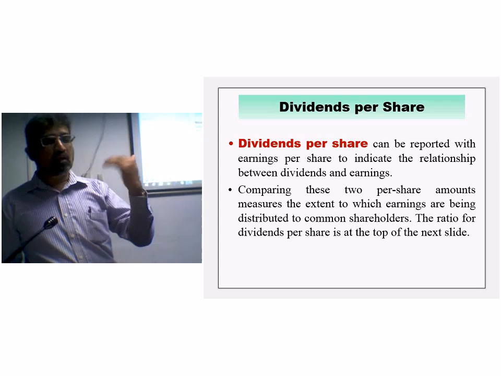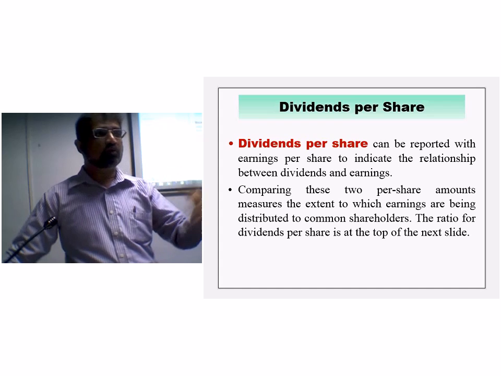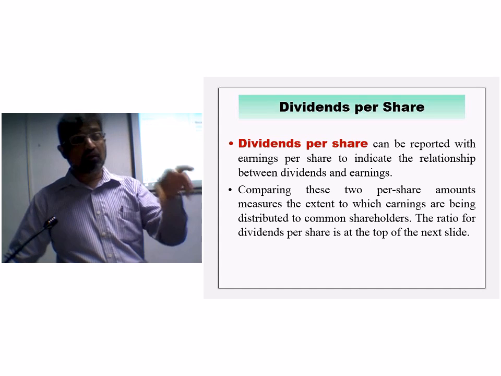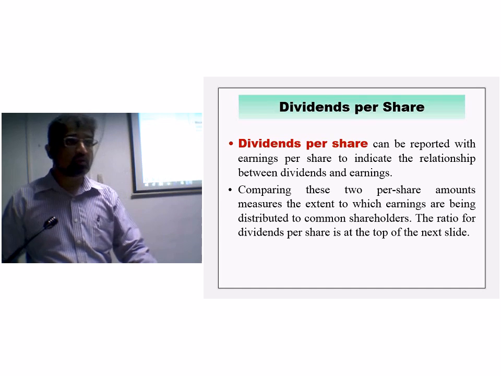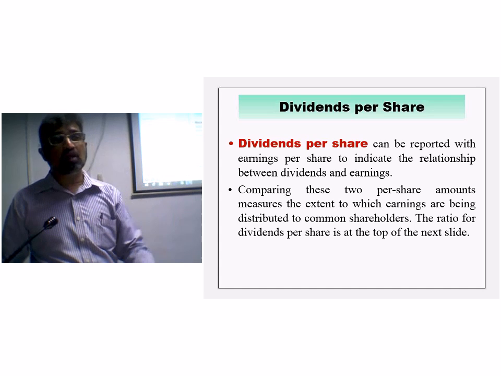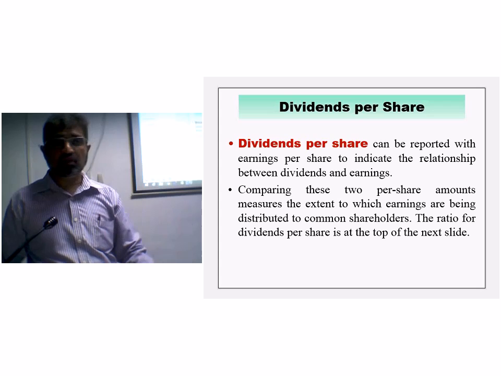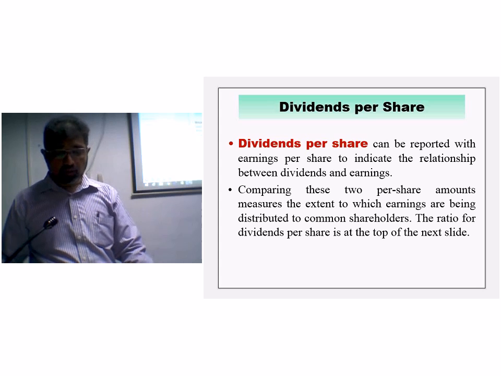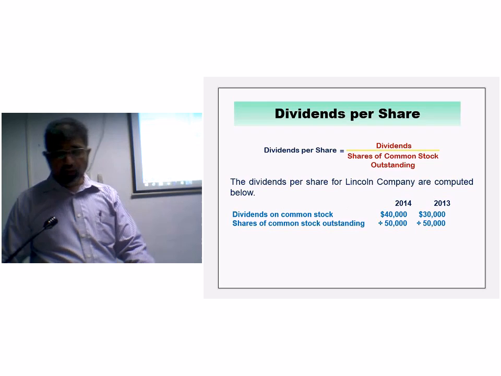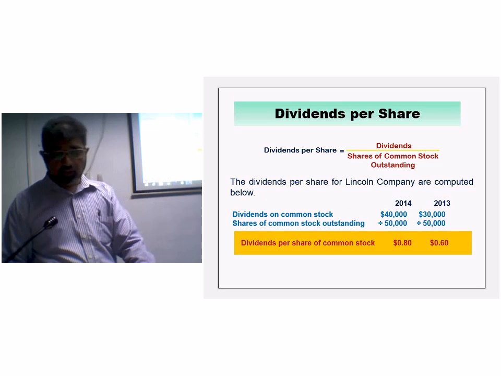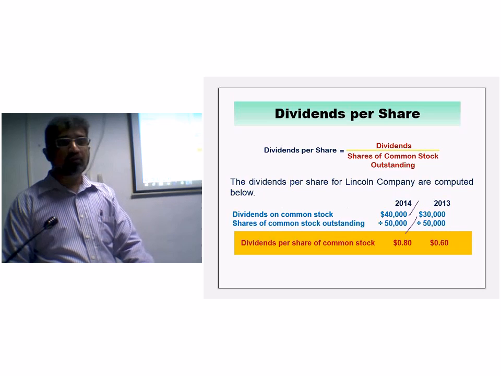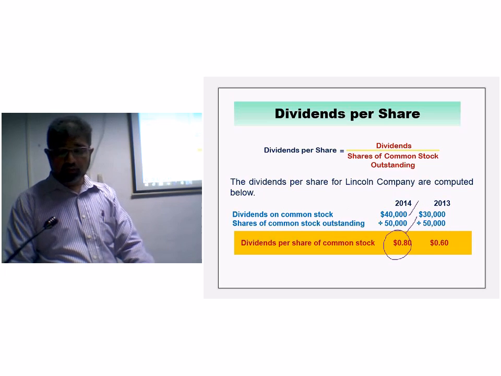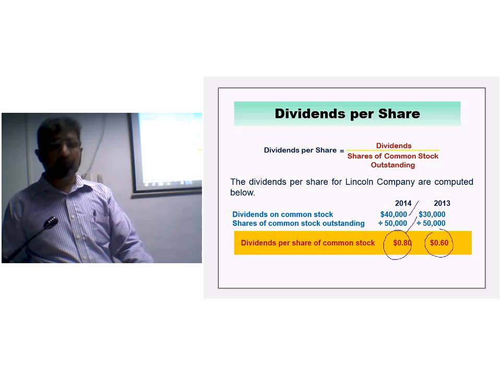They arrange more than 75% as retention for expansion. Then they pay only 25% or 10% or something, right? That depends on the situation, right? Again, you can see total dividends divided by number of shares. Then you can identify the dividend per share.